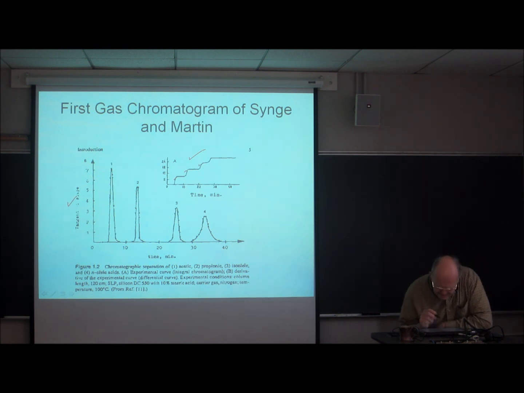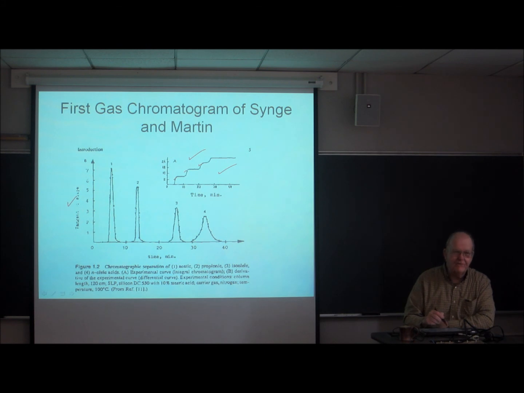You can't see the data points because it's not blown up, but the endpoint volumes are plotted here. So these various points are a measure of how much acid has come out. And so they take the first derivative of this, and that's what they plot here.